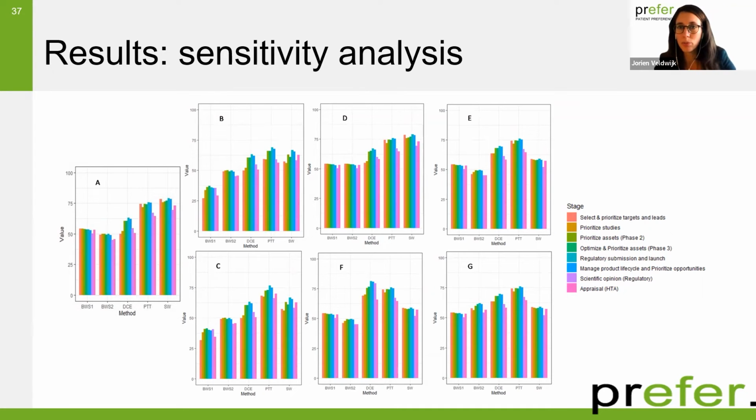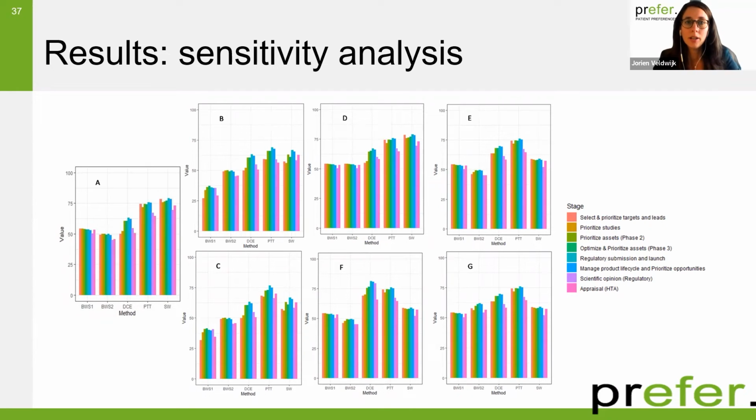Like I said, we used a binary performance matrix, so a method could either comply or not comply with a certain criteria. So for each of the criteria for which in Work Package 2, there was some kind of uncertainty on the compliance of a method with the criteria, we use the opposite scoring. And you can see that that impacts the total score of the method.